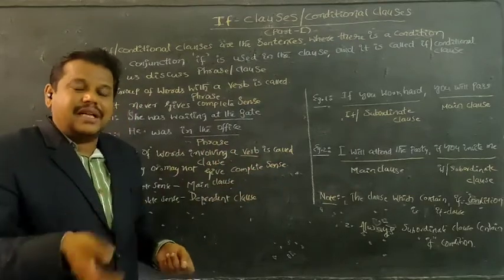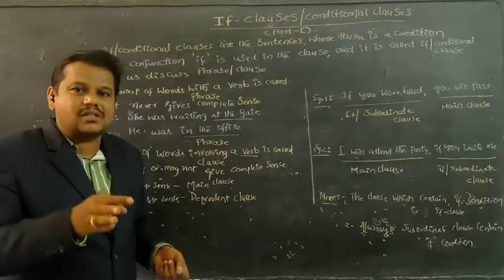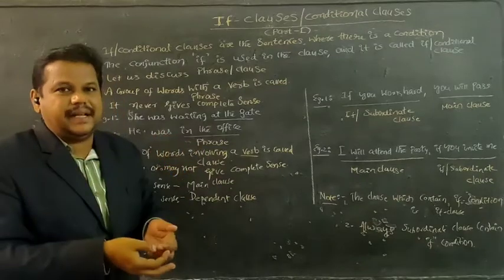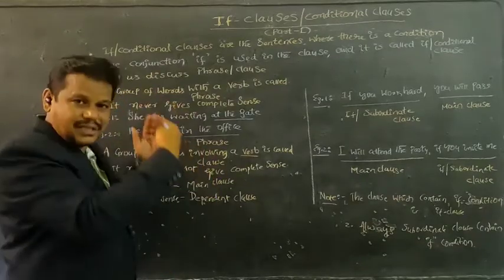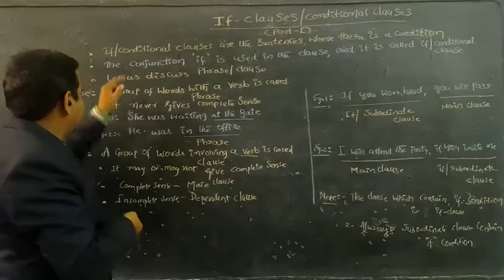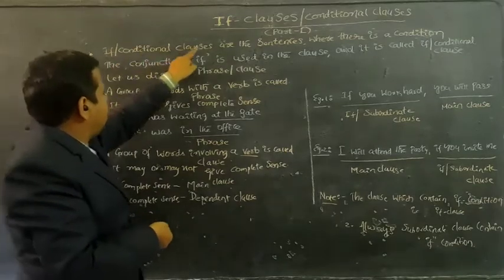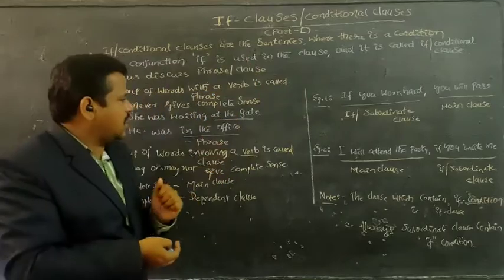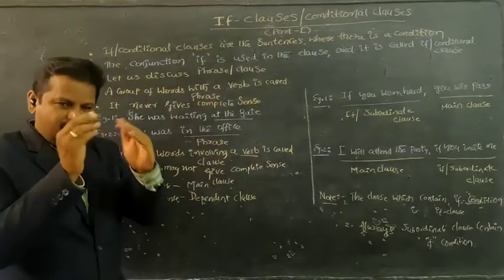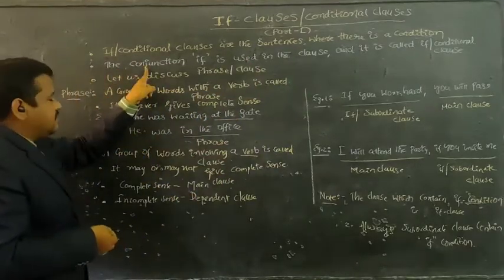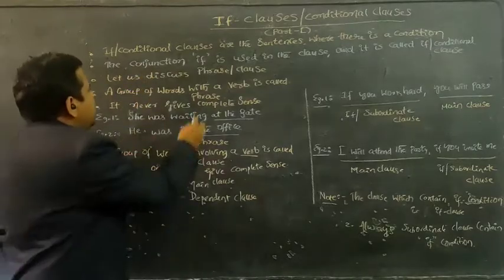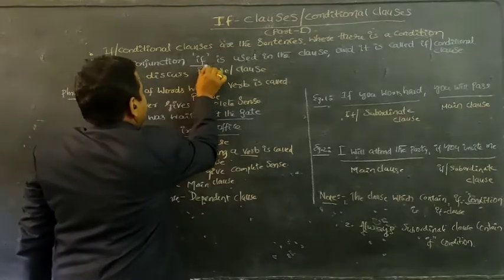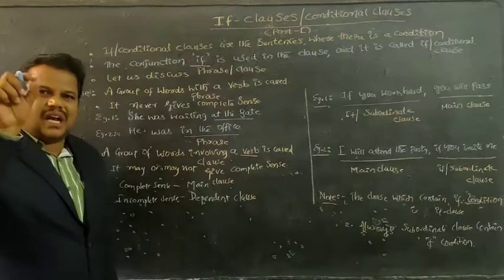But when you are writing these sentences, there are also different types of writing. Let us go through a simple definition in this introductory part. So, if or conditional clauses are the sentences where there is a condition. Now, what type of condition will be there? We will see now. When you are writing the condition, in general, the condition will be with the statement of if.